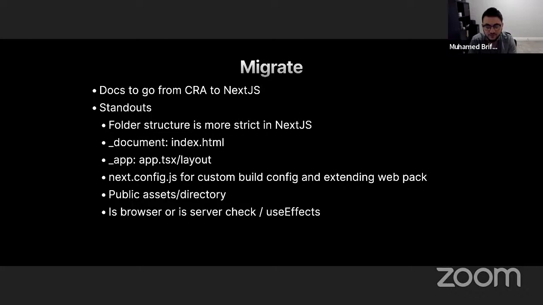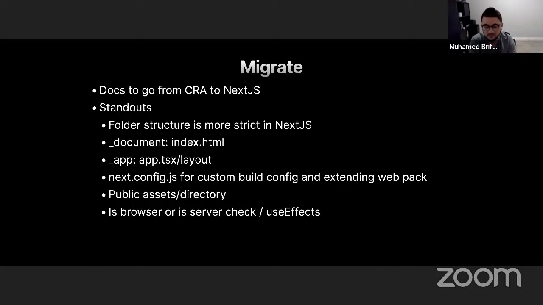I will get into the pages part later, but your routes are in a specific pages folder. And that's one of the most strict things that NextJS requires: it wants all your page routes in a specific folder, so it knows where to look for those.